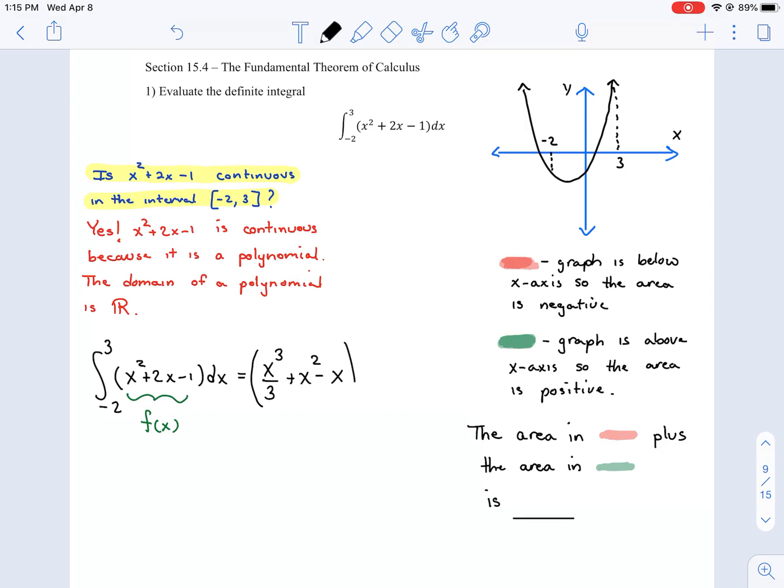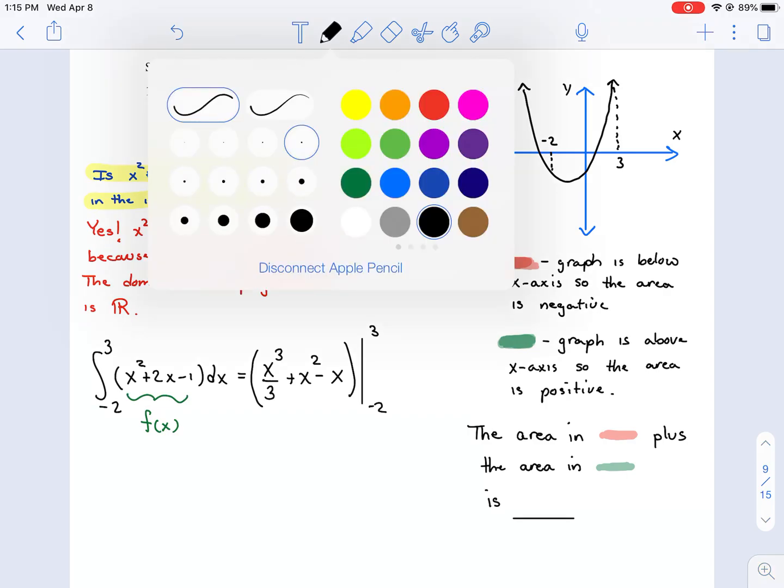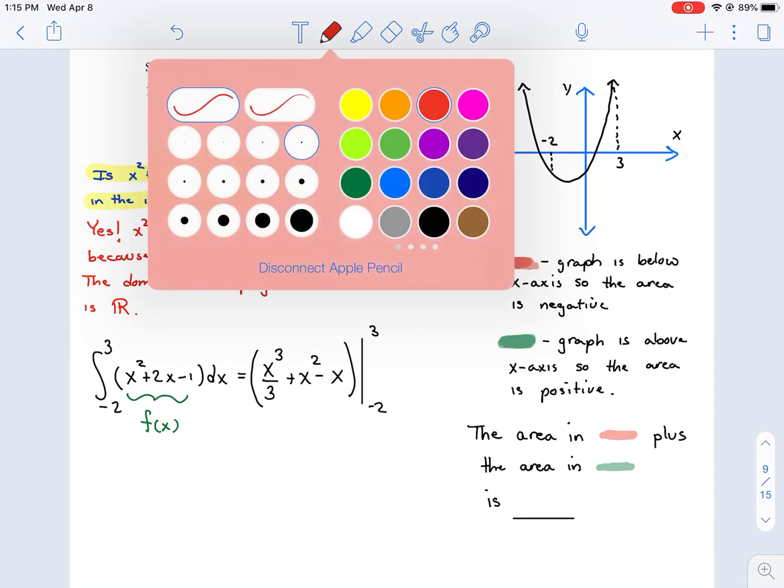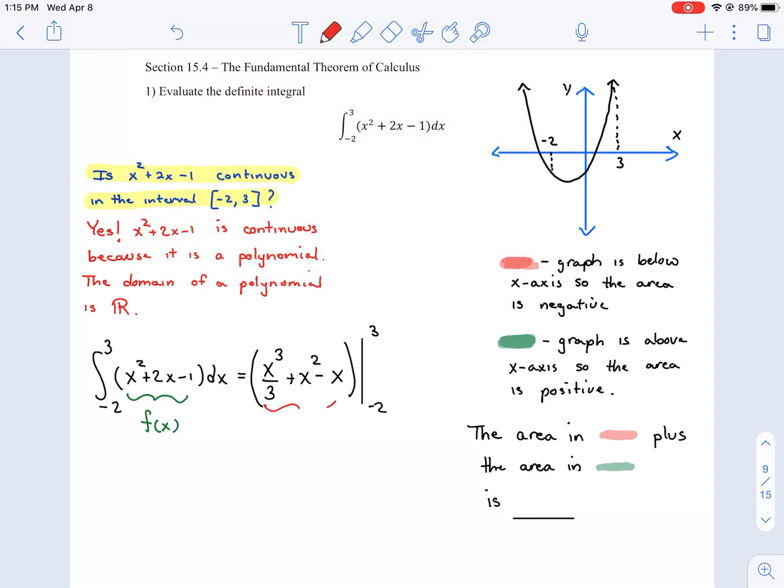And we're going to want to evaluate this function from -2 to 3. The x cubed divided by 3 plus x squared minus x, that is capital F of x. That is the antiderivative of lowercase f of x.